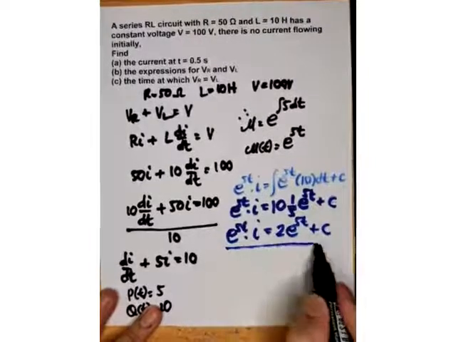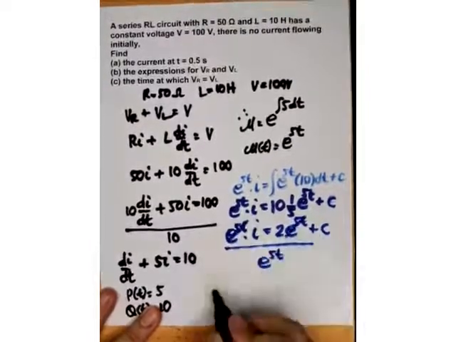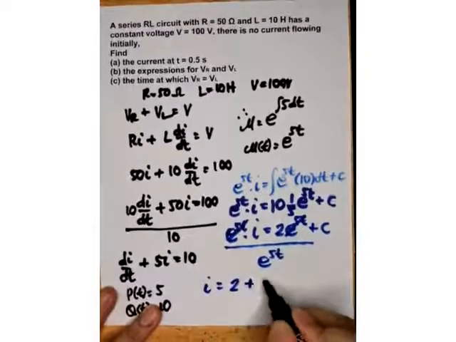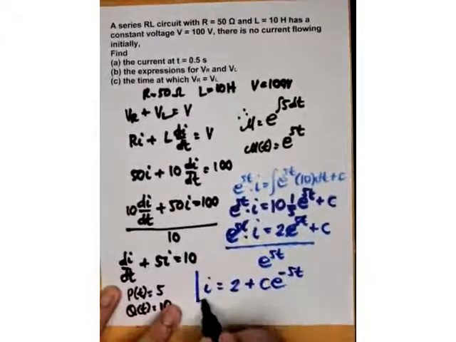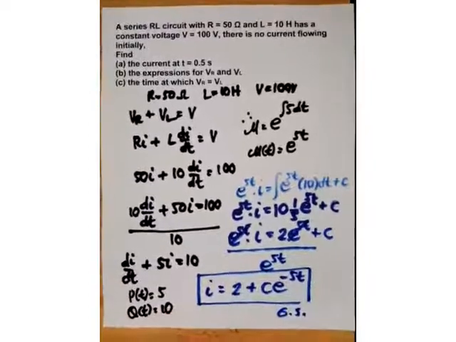Let's divide this by e raised to 5t, so we cancel. Therefore, I is equal to 2 plus ce raised to negative 5t. This is our general solution.